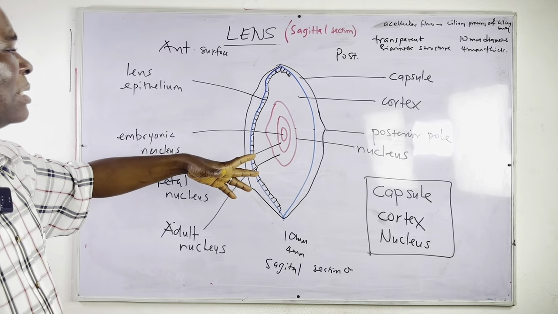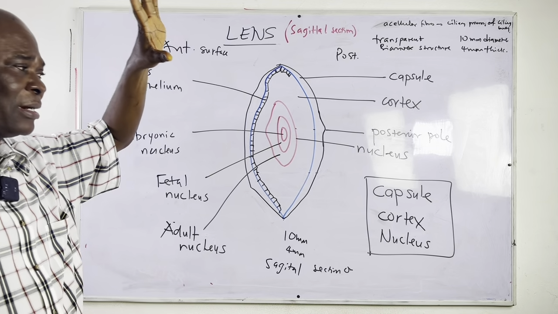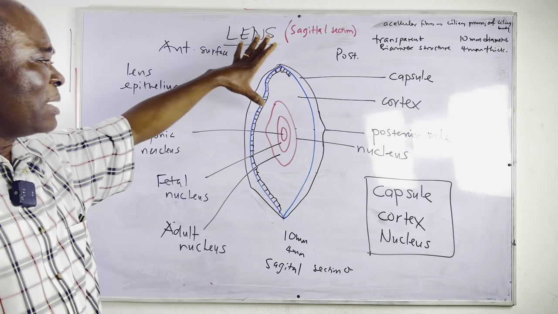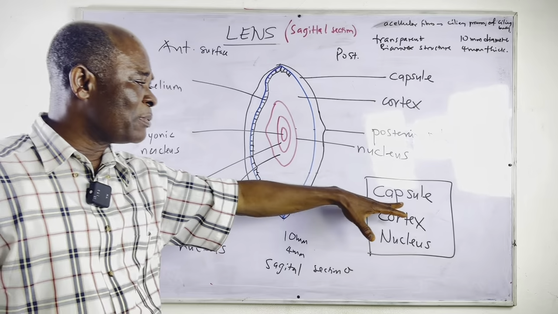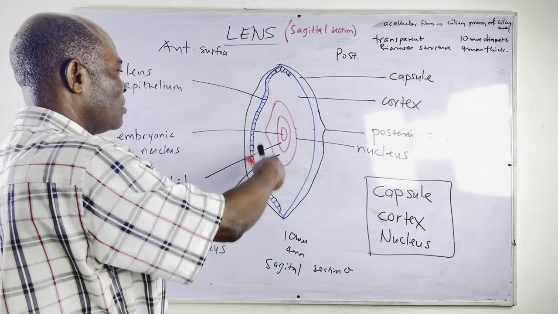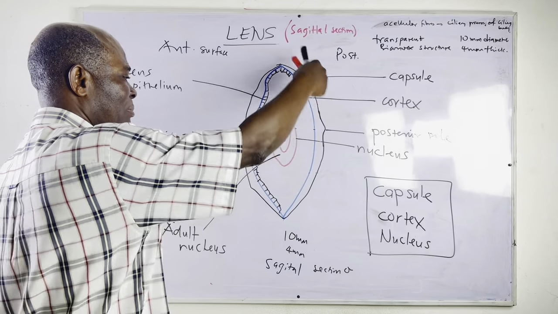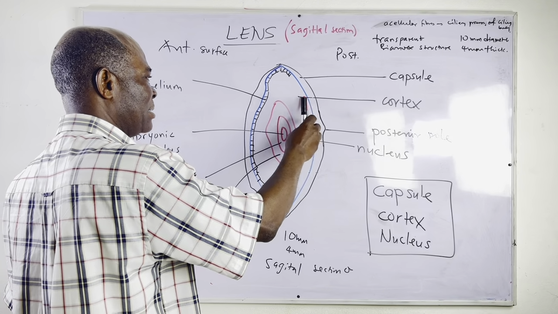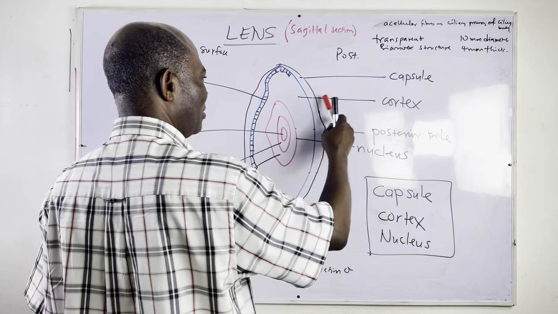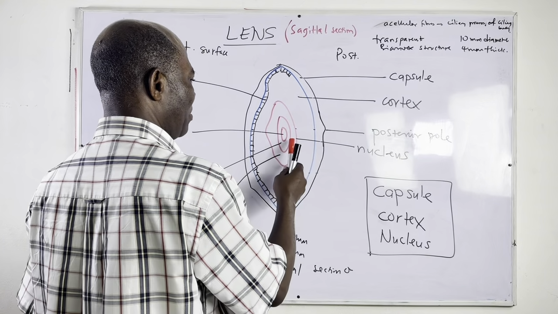When you look at the lens, it has 3 parts. Think three parts. You might look at it as a very complex thing, but it's not. It's 3 parts. The capsule, which is the outermost layer, and then the next layer is the cortex, and then we have the nucleus.